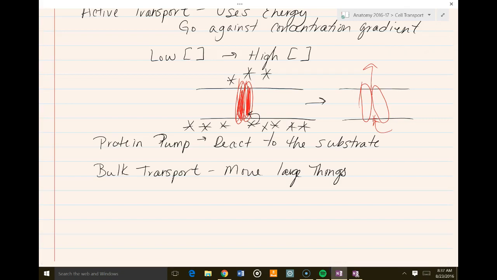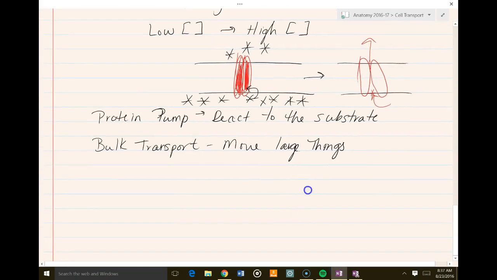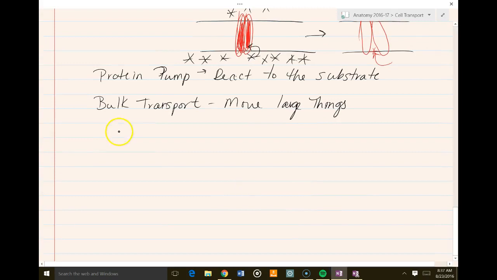And it's all dependent upon exactly what we're actually transporting, what material we're moving around. So one type of bulk transport is where we're actually moving fluids. So say we've got a cell that needs to take in a lot of water, or a lot of whatever. So whatever substance it is, 99% of the time it's water.